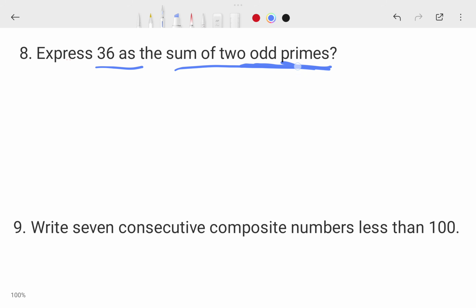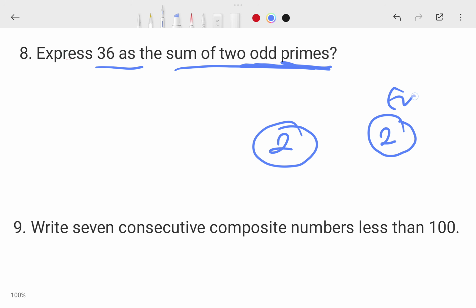Now, prime number, 2 is a prime number, but it is not an odd number. The number which is exactly divisible by 2 is an even number. The number which is not exactly divisible by 2 is an odd number. So 2 is an even number but not an odd number.